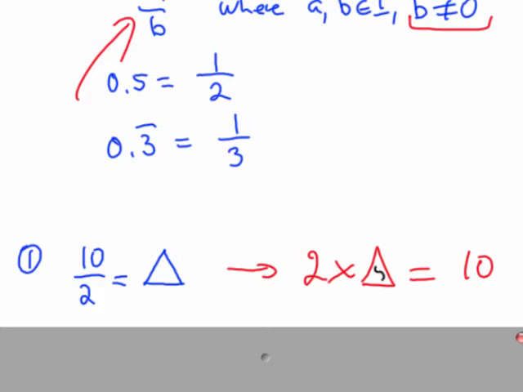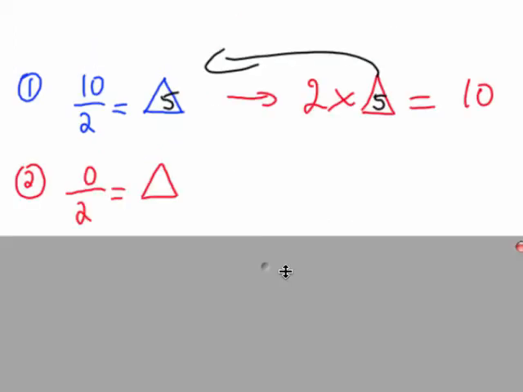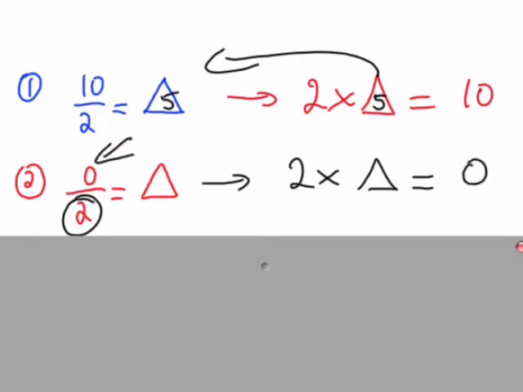And we see that's 5, so we therefore know that this is 5. So when I come to 0 divided by 2 is something, that means that 2 times the something must give me 0. And 2 times what is 0? I realize the answer is 0, and so this answer is 0.